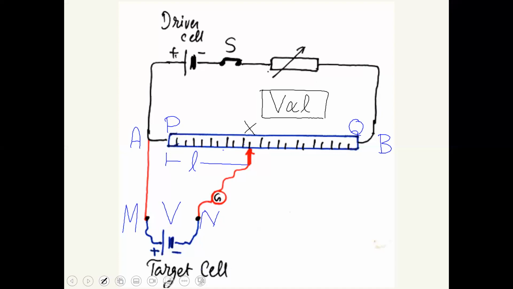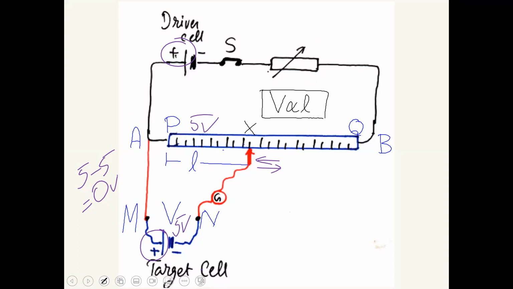For example, this cell has a voltage of 5 volt. You are moving the slider forward and backward. When the voltage here also becomes 5, this is a positive terminal, this is also positive. So 5 minus 5 will become 0 volt.